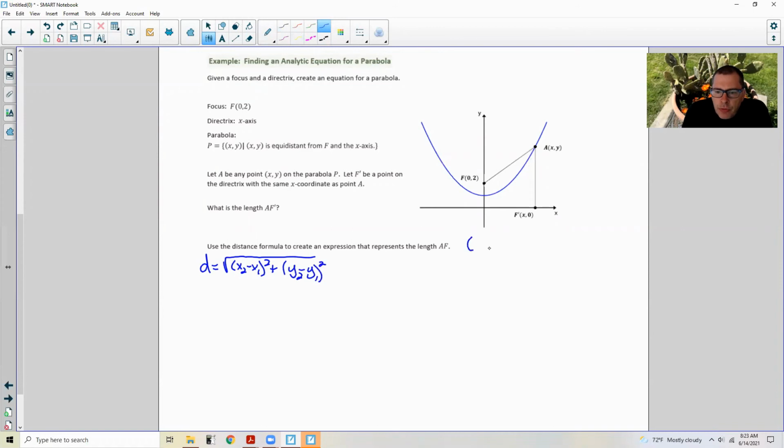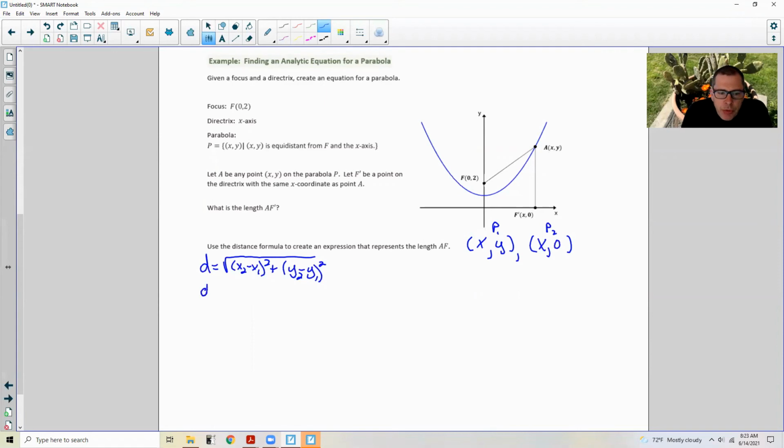So over here, I'll write my 2 points. This is point 1 and this is point 2. So point 1, what are we trying to find? The length of A F prime. So let's call A point 1, and that's the point x comma y. And point 2 is down here, F prime, and that's going to be the point x comma 0.